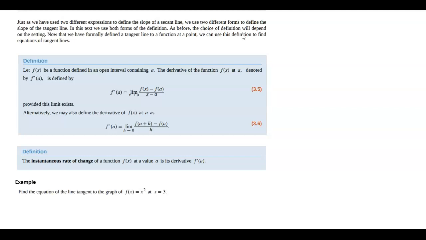All right, so instead of writing that m tangent or m secant notation, what we are going to use instead is we're going to define that f prime of a is what we're going to call the slope of the tangent line.